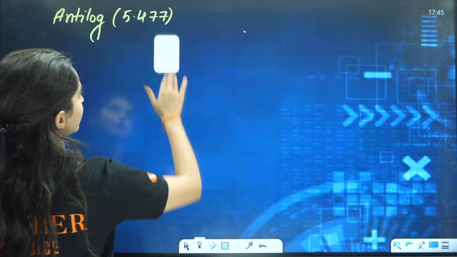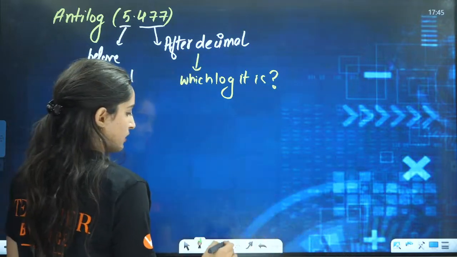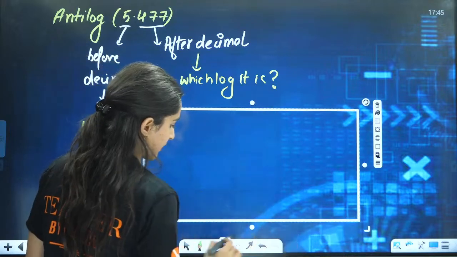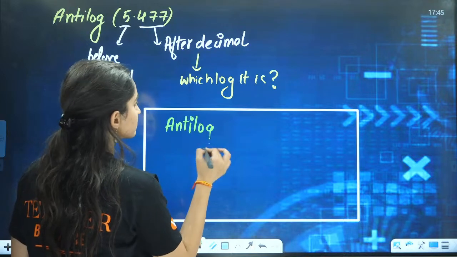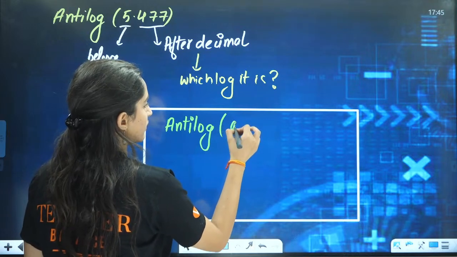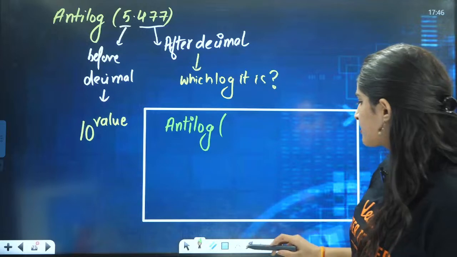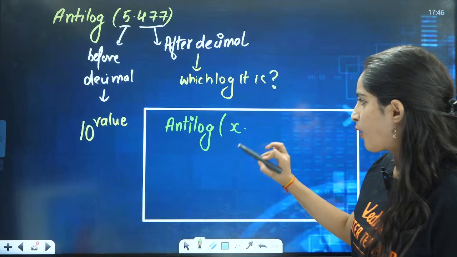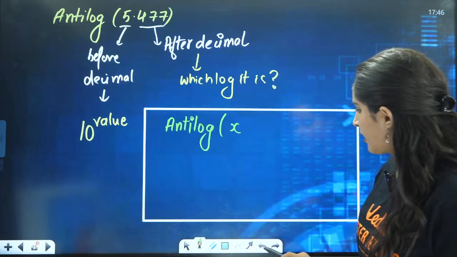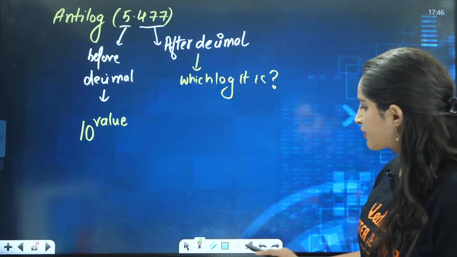5.477, you can easily calculate it. I would firstly write the direct formula here, but let's just skip this thing, because with the direct formula you will only get confused.